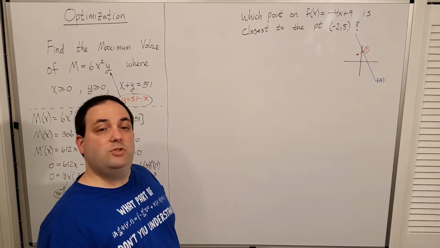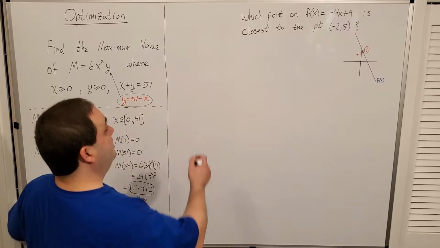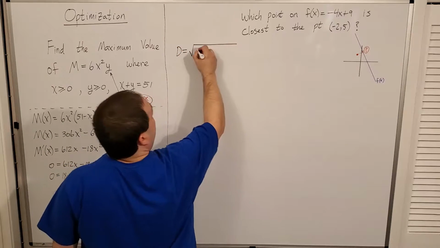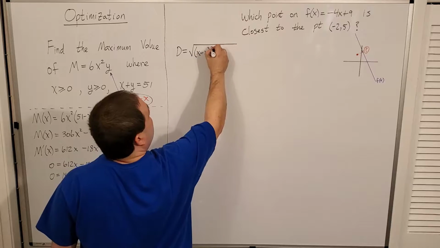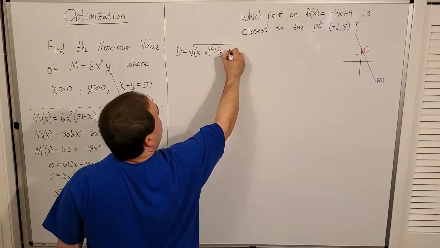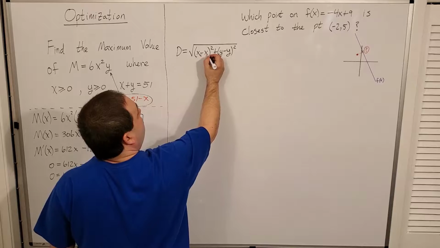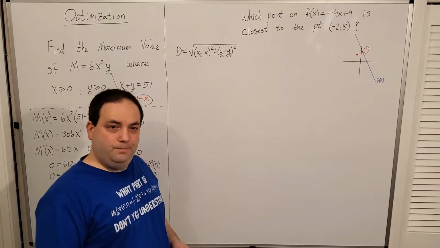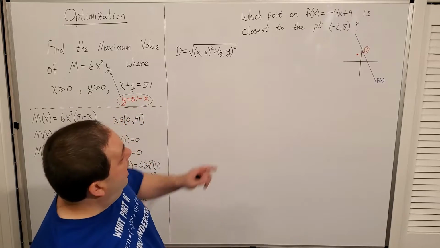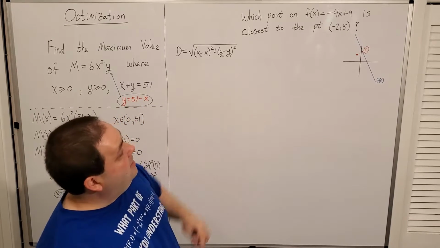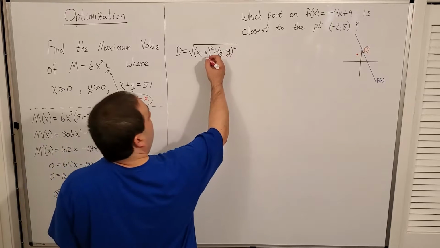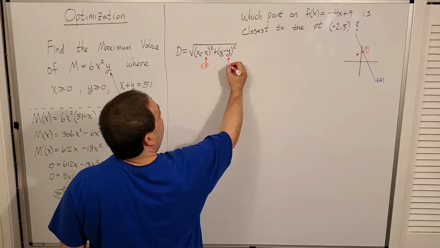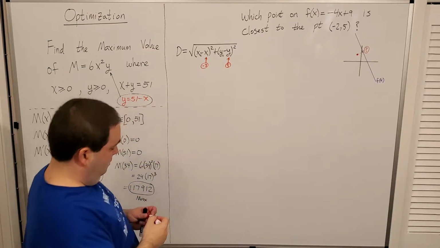Well, it's just the distance between 2 points: the square root of (x2 minus x1) squared plus (y2 minus y1) squared. Just a plain old distance formula. Well, I have a point, negative 2 and 5, so I've already got a negative 2 and a 5 that I can plug in.